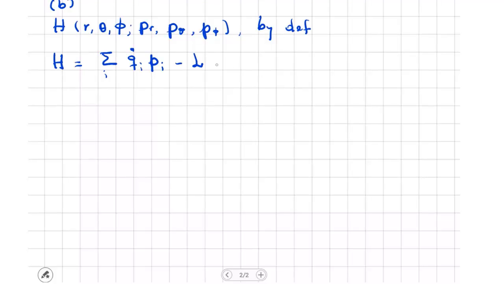In this case, q_i and p_i are the generalized coordinates and momenta respectively.